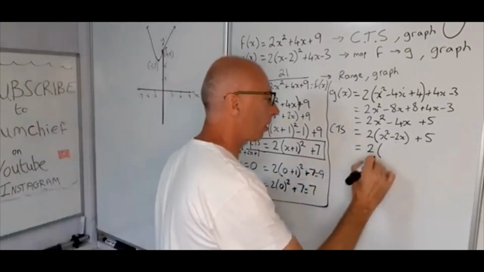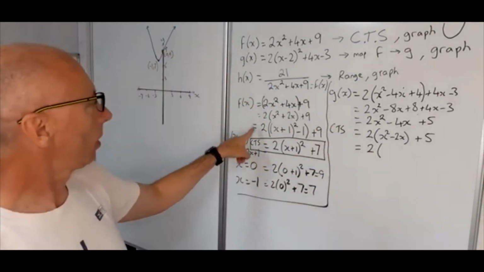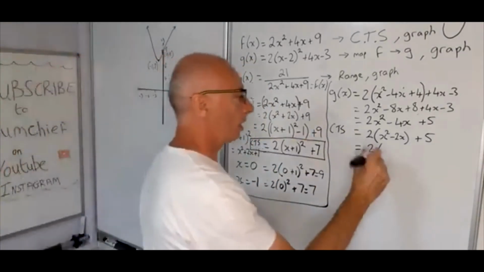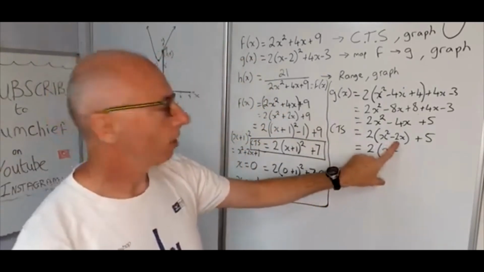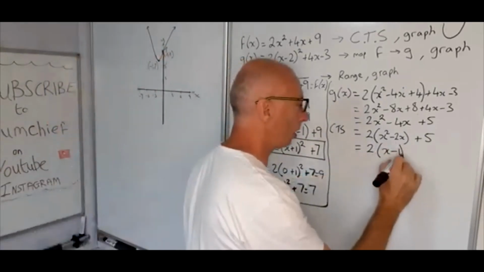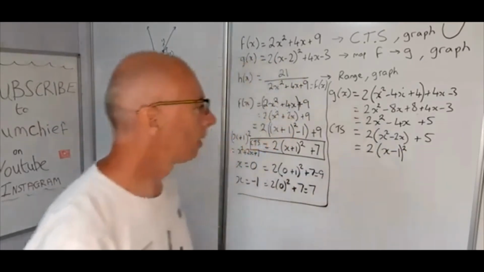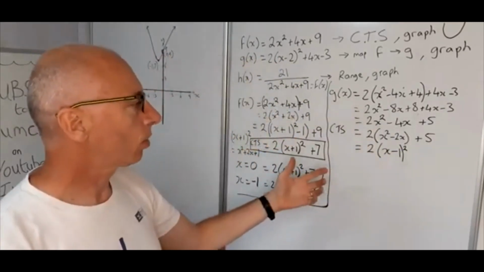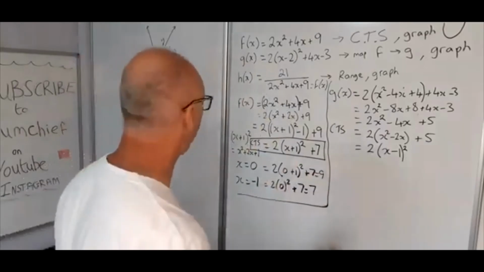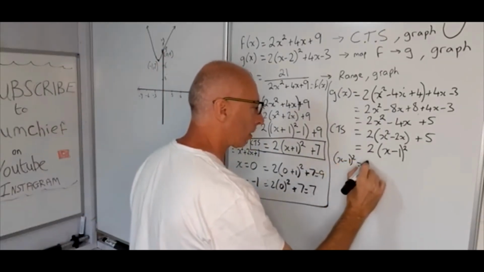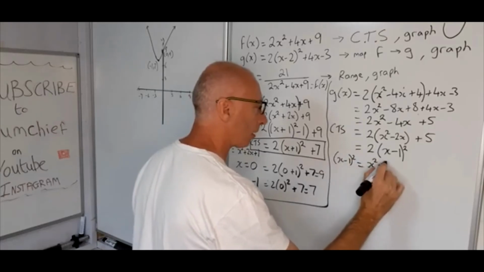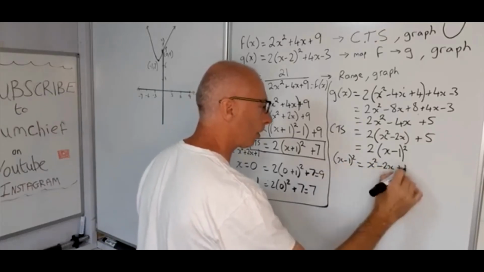Now let's complete the square using the technique we did here. So we're going to have x minus half of this 2, so that's minus 1, squared. Now x minus 1 squared, let's just write that up here, that's going to give us x squared minus 2x plus 1.